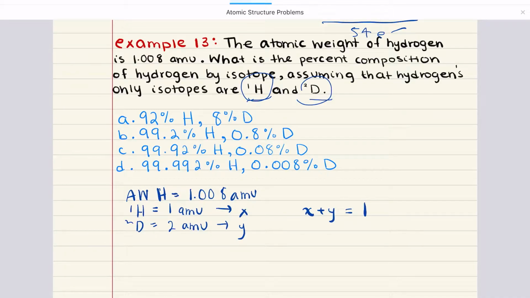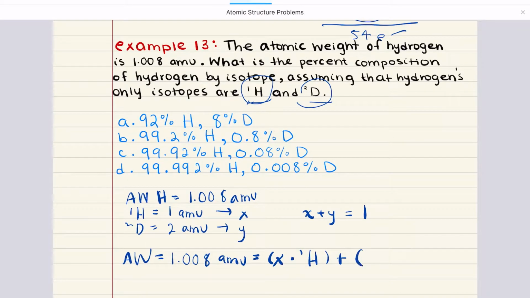Now that we have that, we can also write the atomic weight expression for hydrogen. And this is something that we talked about in our background information video. We know that the atomic weight of hydrogen is 1.008 AMU, and that's going to be equal to the fraction of 1H multiplied by the mass of 1H plus the fraction of 2D multiplied by the mass of 2D.